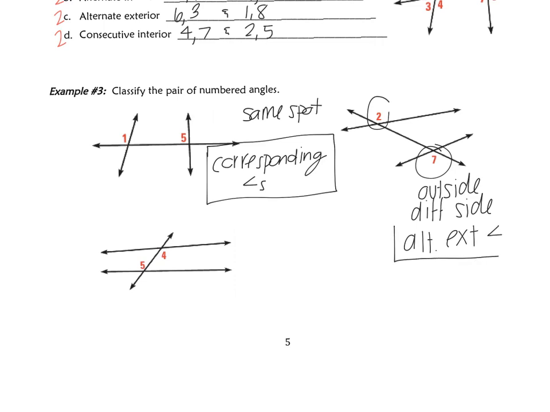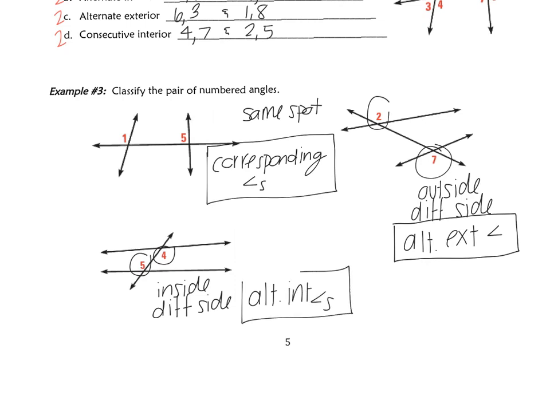I like to abbreviate a lot, so make sure you understand what alternate exterior angles are. Next one, 5 and 4, those angles are both inside and on different sides of the transversal. So the only option that's inside and different sides is alternate interior angles. Hopefully you saw your mistakes and you can correct those and we can move on.